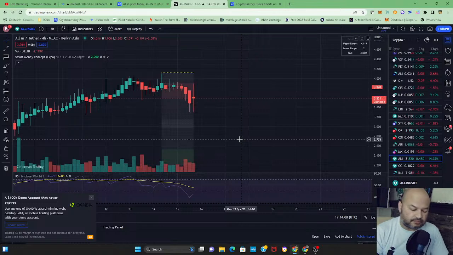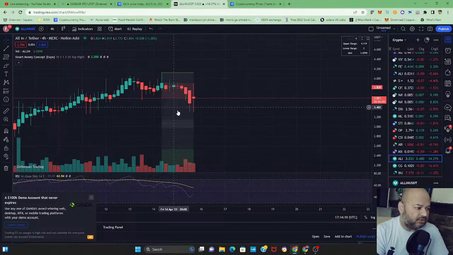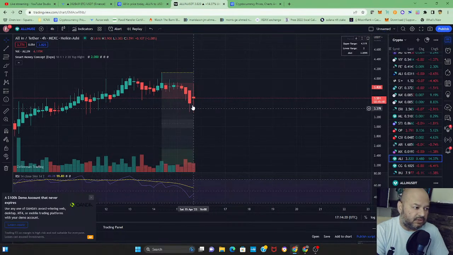Another thing is that on the price action, we can draw our smart money concept, different levels, and we can see that the recent candle is indecisive. The long shadow at the top and the long shadow at the bottom show that the price is indecisive about where it wants to go.